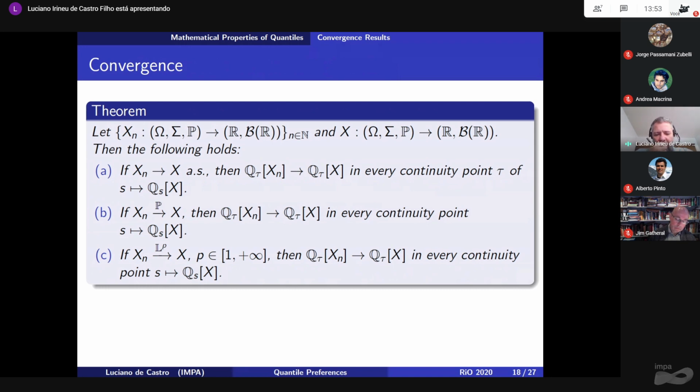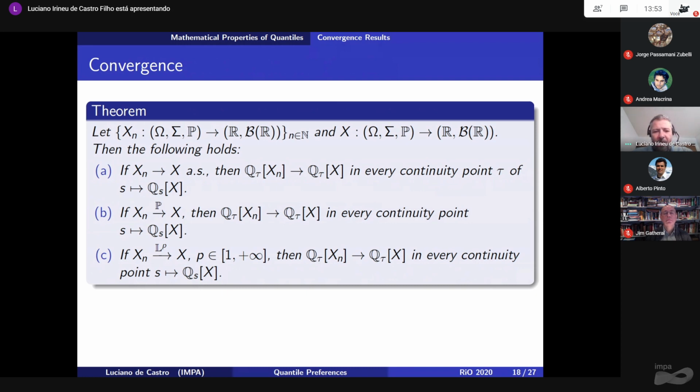There are a couple of other results that I will not have time to comment on here, but we also proved some continuity results, convergence results, and in some sense, what is interesting is that the convergence for quantiles seems to be easier than the convergence for expectations, which, at least for me, was surprising.